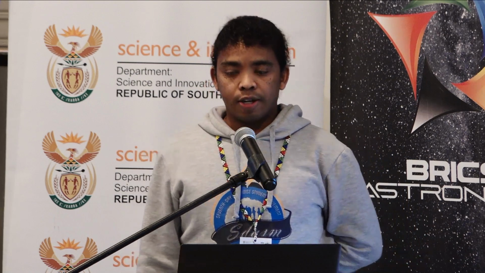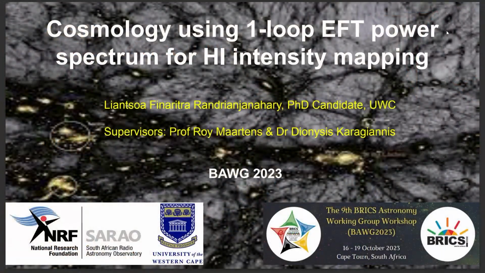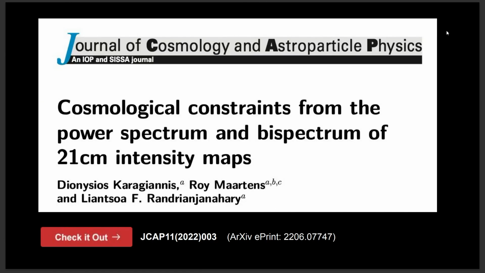So today I'm going to speak about my work, which is based on H1 intensity mapping, where we use the one loop EFT power spectrum, and we use the HIRAX radio telescope for that.